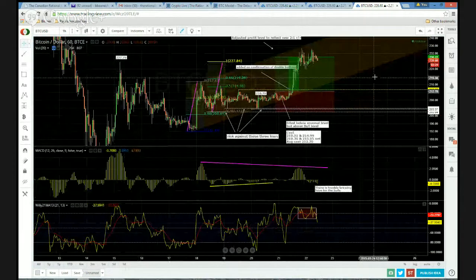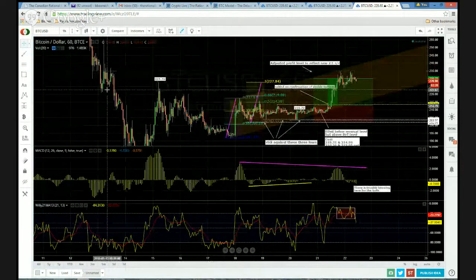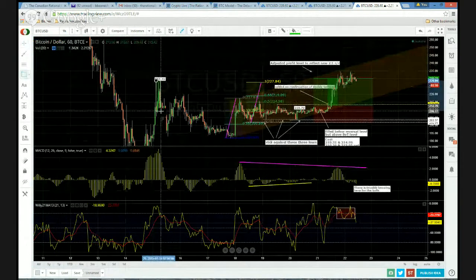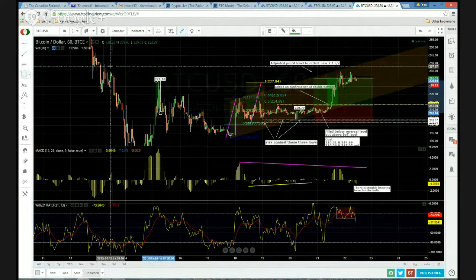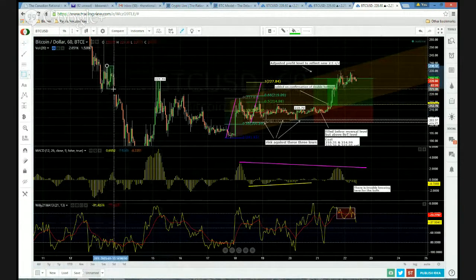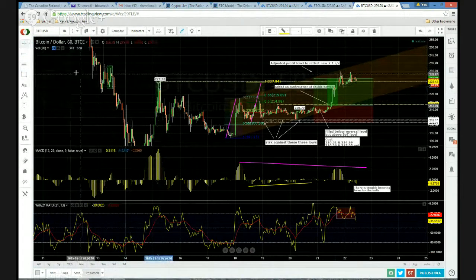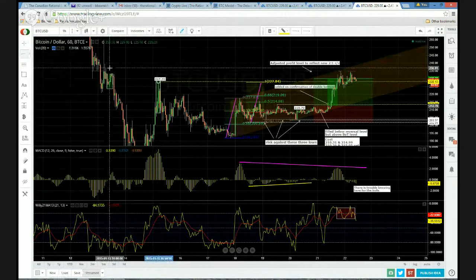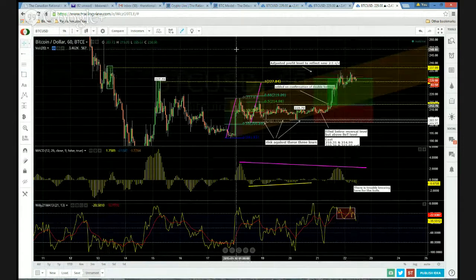Those that have taken my course understand that we could probably make an argument for institutional order blocks up and through here, and institutional order blocks through here. So if you're looking for resistance, this is the area you should be starting to hunt. So look where that is, right?